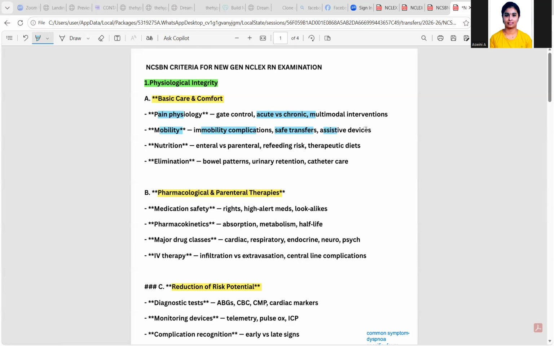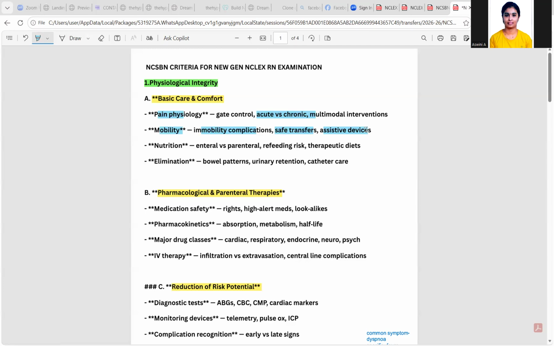And also assistive devices, that means use of extra pillows. Okay, then after the hip replacement therapy, to separate the legs, we are using the abduction pillow. Abduction pillow is an assistive device. And if the patient has breathing difficulty, for the easy breathing we are providing the comfortable position, Fowler's position.